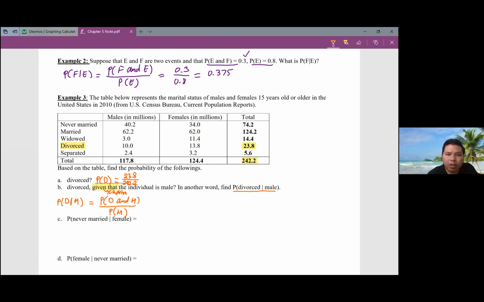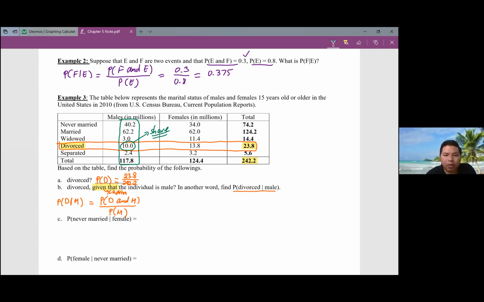So here is the divorce row, and here is the male column. When we look at those two, we know that they do intersect each other, and the place of intersection is 10. So that's what they share together.